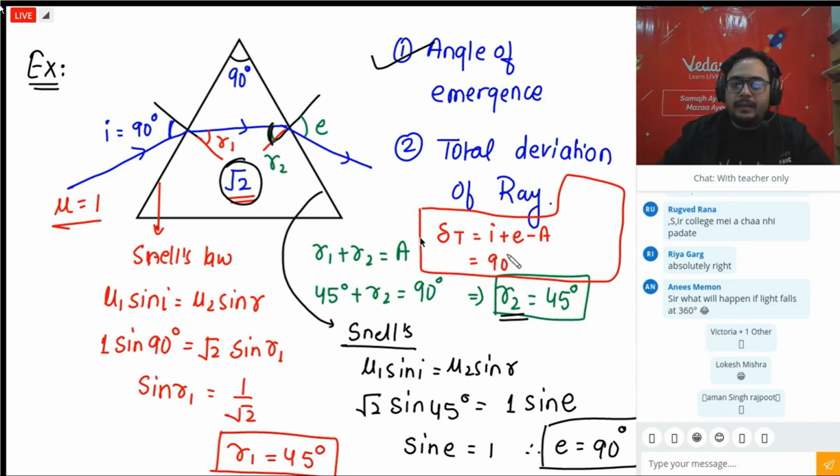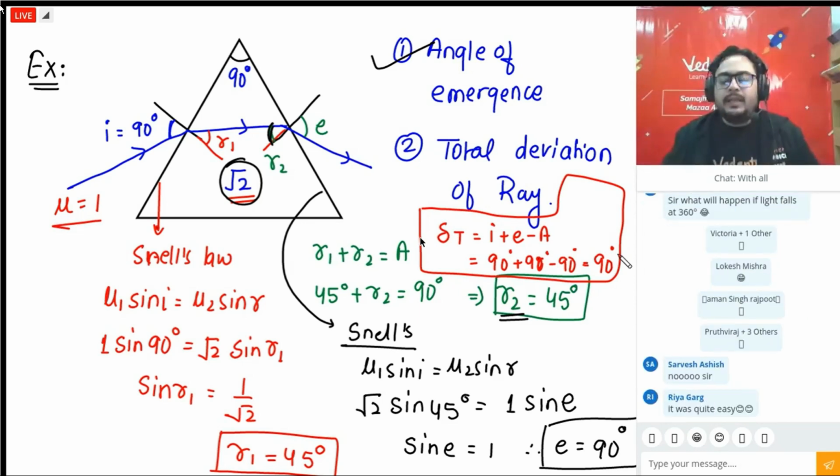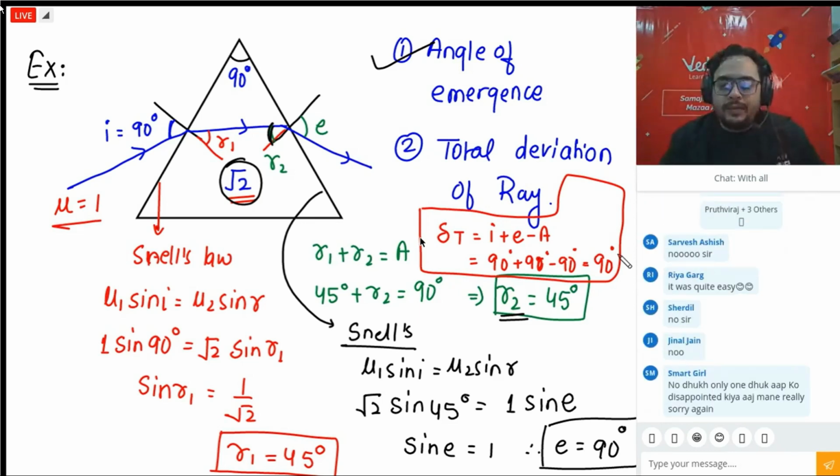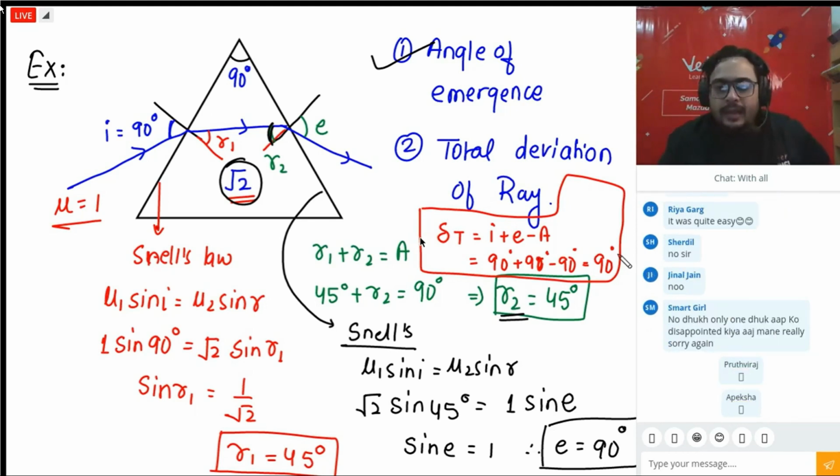E I have calculated 90 degree. A is 90 degree. So it is 90 degree. So deviation is 90 degree. Any doubts in this? Very, very simple. To calculate E, just apply refraction 2 times.